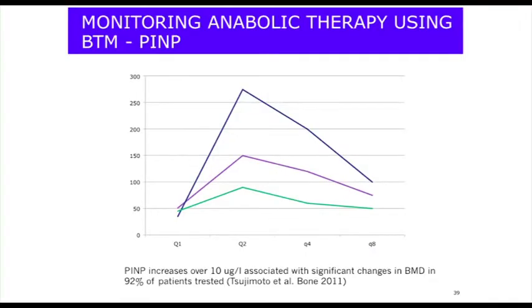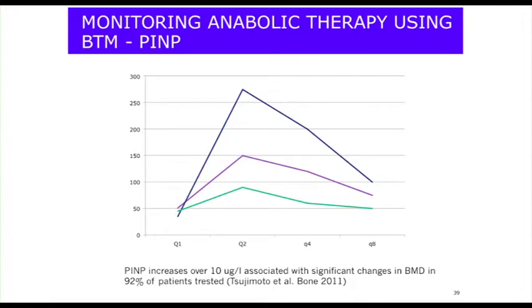We also have data from histomorphometry showing that the early changes in bone markers actually reflect how the bone architecture ends up 2 years down the road. So it's very predictive. And here are my own experiences with P1NP. There's more variability in your response, and the maximum response to PTH is at 6 months here.